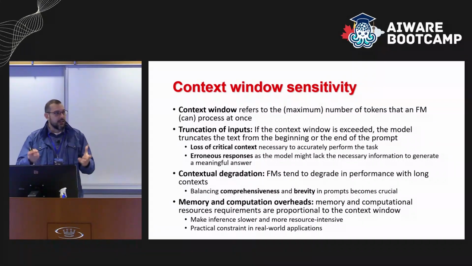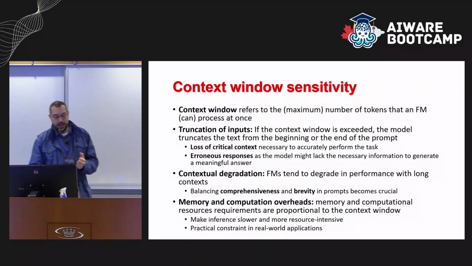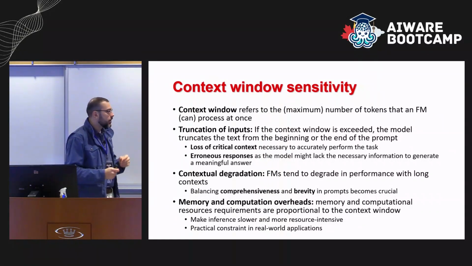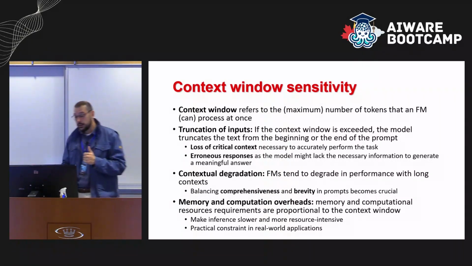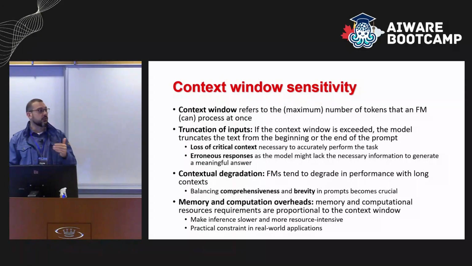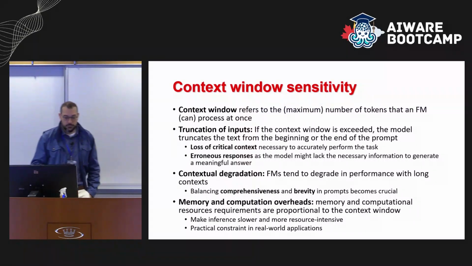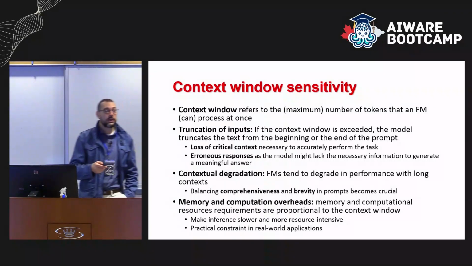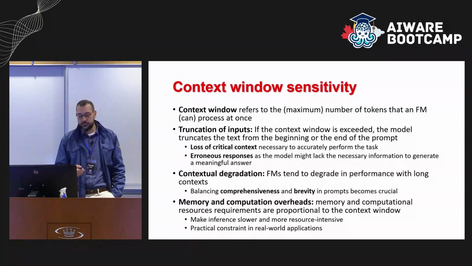So when you're writing prompts, you always need to balance between being comprehensive and being short, because results demonstrate that these longer prompts don't work very well. And also, the longer the prompt, the costlier your inference is.